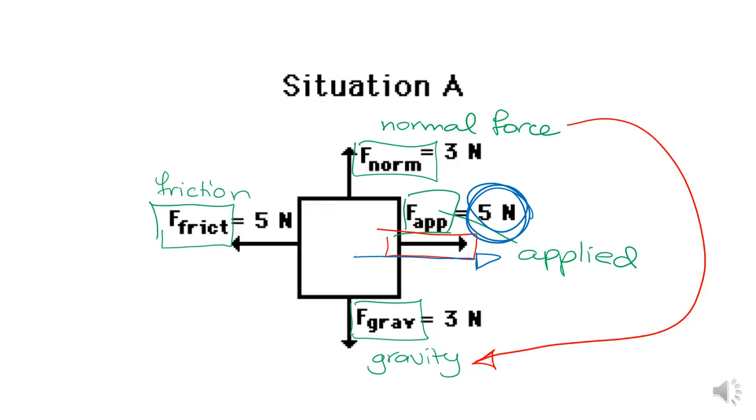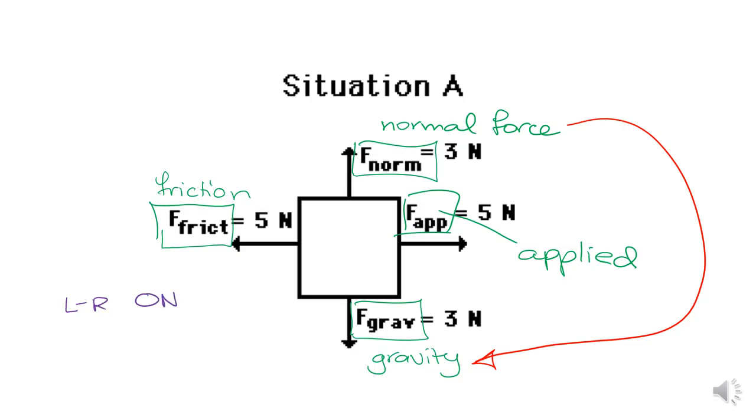So let's go through and work it out. I'm just going to delete some of these scribbles so we can see a bit more clearly. What I've got here is 5 newtons going left and 5 newtons going right. So left to right, I have 0 newtons.